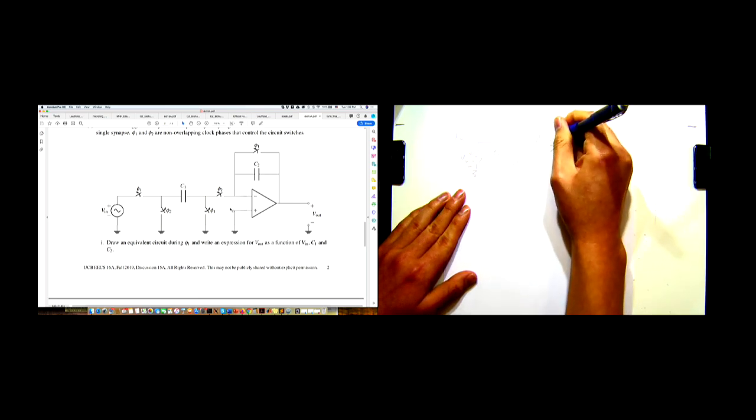Okay, so that's what the circuit looks like in phase 1.